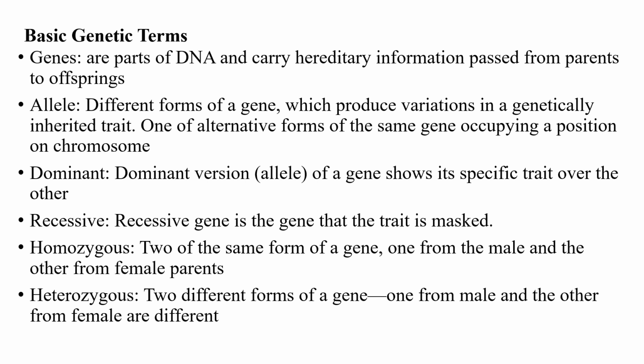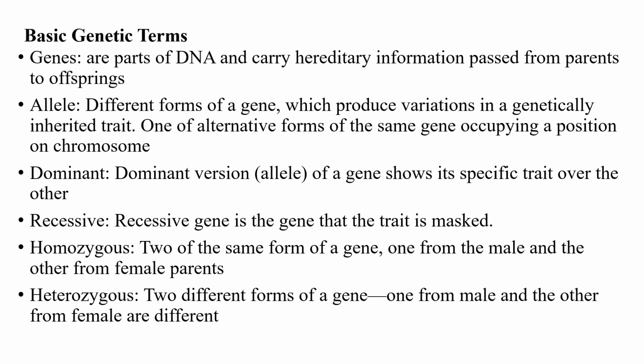But when we have two different forms of a gene, one from the male and the other one from the female, they are different, they are not the same, then we refer to that as heterozygous. So if for black we have capital B and small b, the color of that offspring will still be black because capital B, which represents black, is dominant.